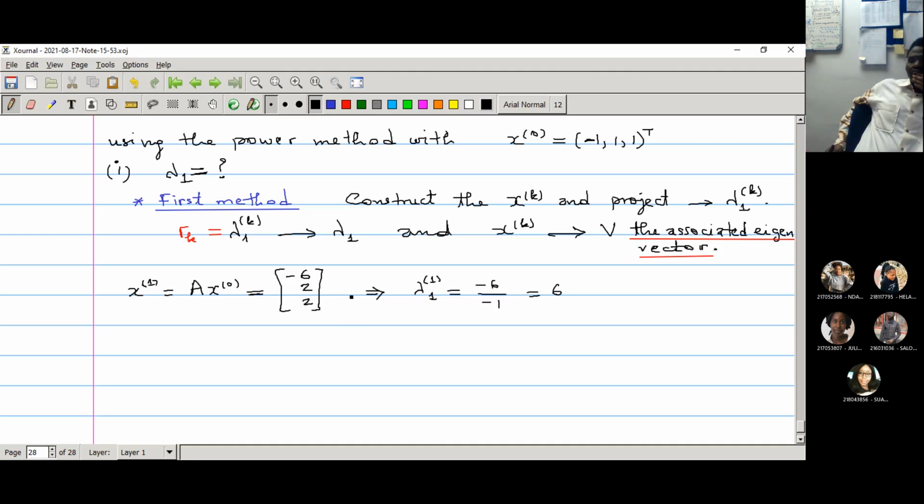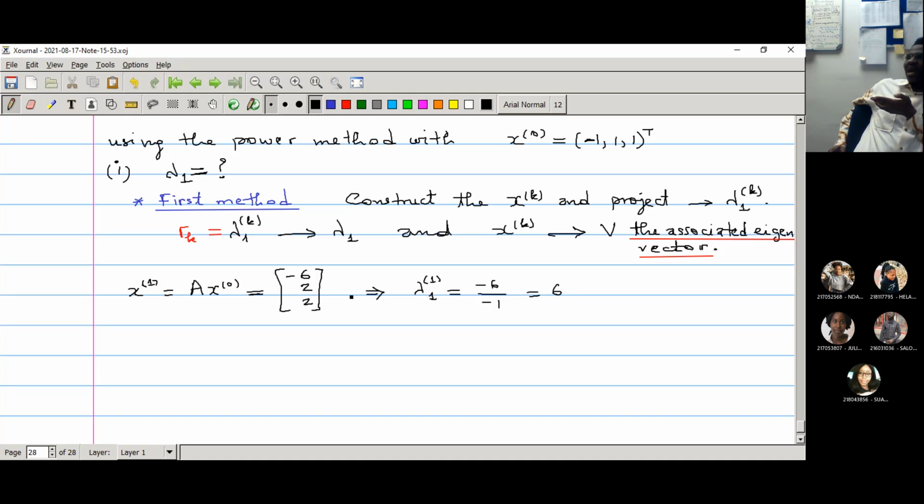What did you get? Isn't it 6? So do we have to divide it with -1? What are you supposed to divide with? You say you are projecting along which component? The first component. Yes, sir.